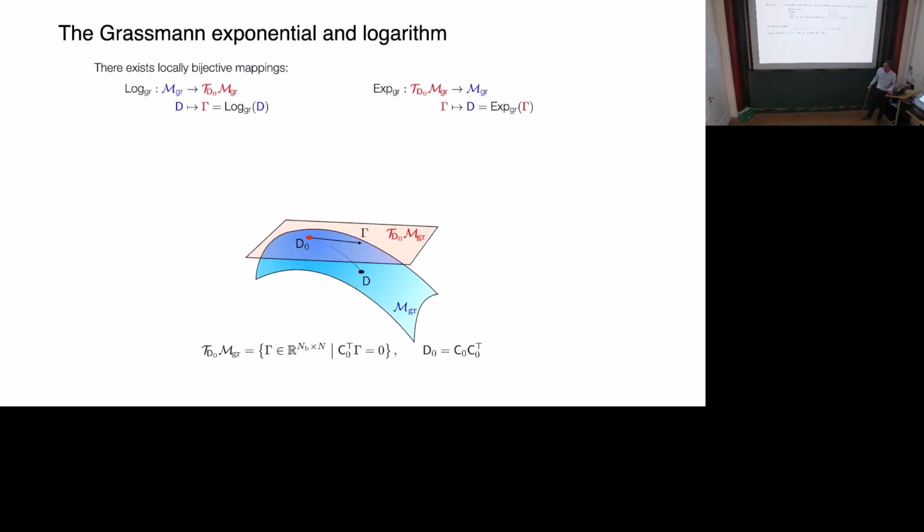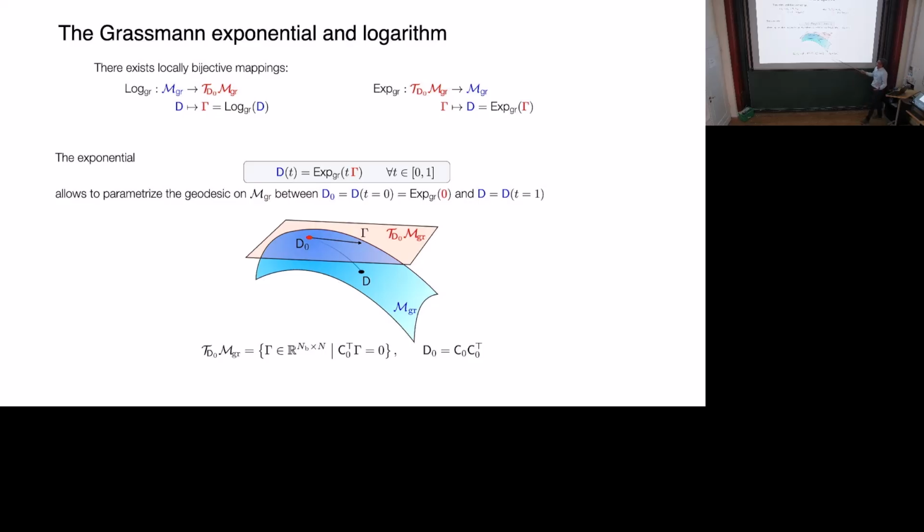It's very nice, because on the Grassmann manifold you can compute a lot. For instance, there is the Grassmann logarithm that maps from the manifold to the tangent space through this guy here, or the exponential function that takes a tangent vector and maps it down to the manifold.